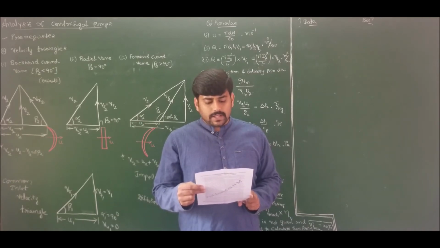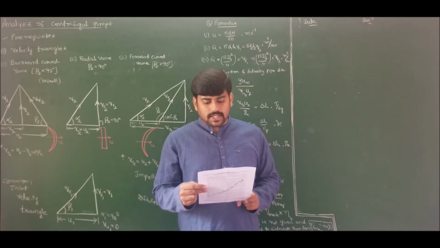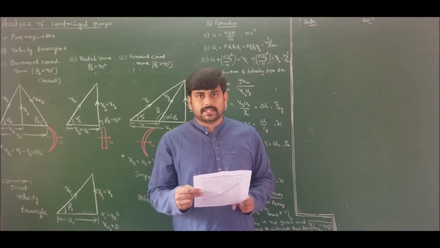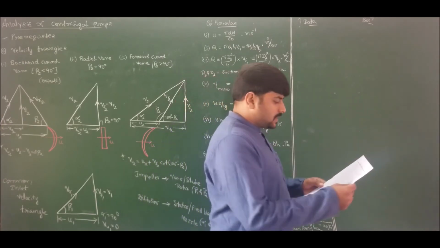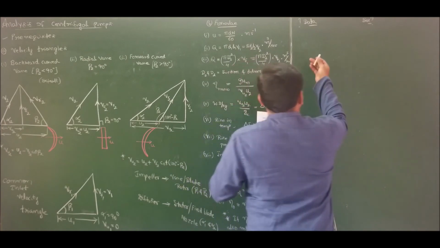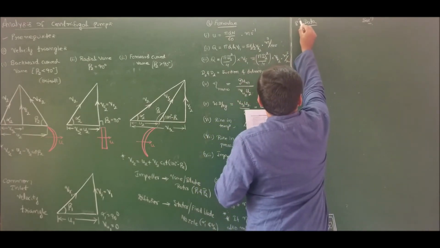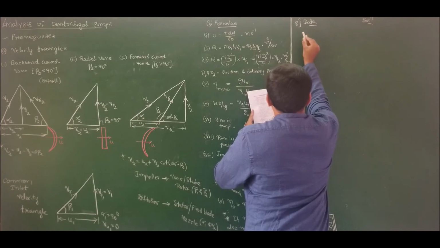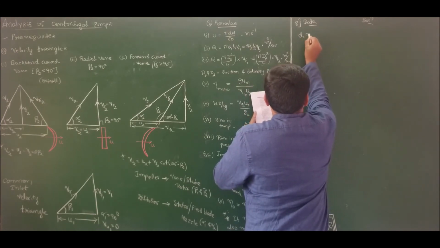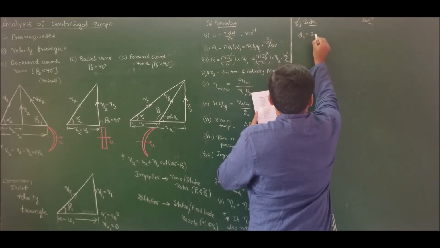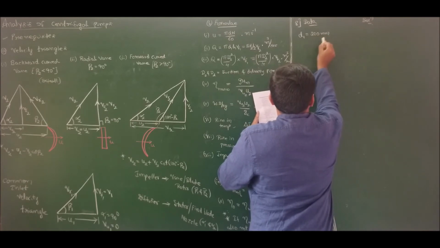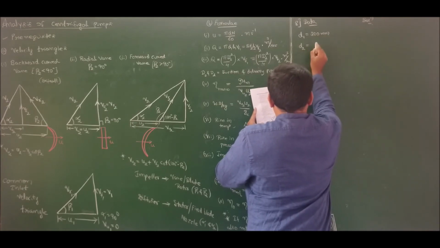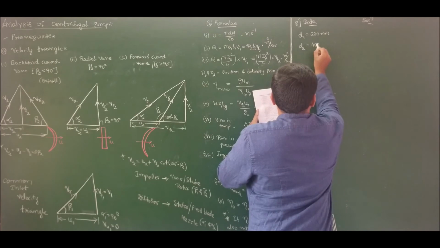Calculate the work done by the impeller per kg of water for beta 2 equal to 30 degrees, beta 2 equal to 90 degrees and beta 2 equal to 100 degrees. Let us list out the data first for problem number 8. The data given are the internal and external diameters, that is D1 is 200 millimeters and D2 is 400 millimeters.